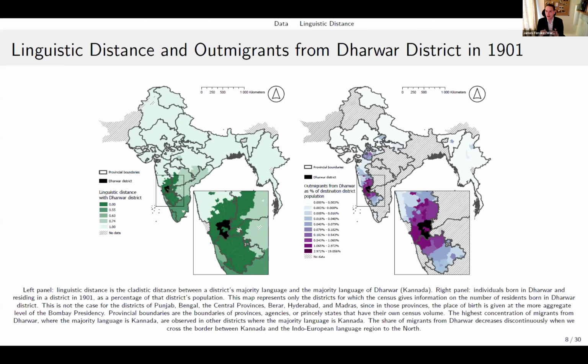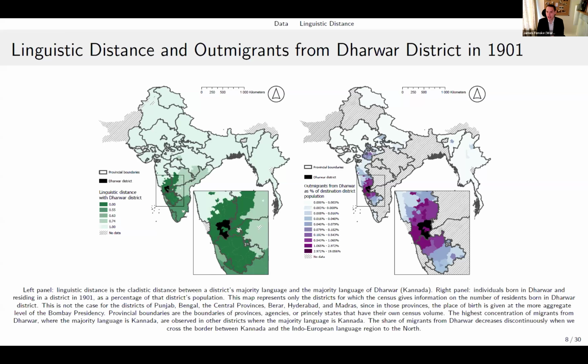Once you hit the boundary between the Dravidian language and the Indo-European language, you don't hit a political boundary, but you do see purple dropping off to become light gray, and that's meant to symbolize a pretty dramatic decline in the rate of migration, one that doesn't peter off as dramatically as you move south.